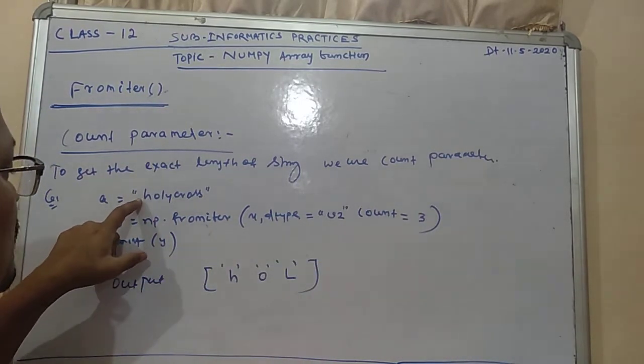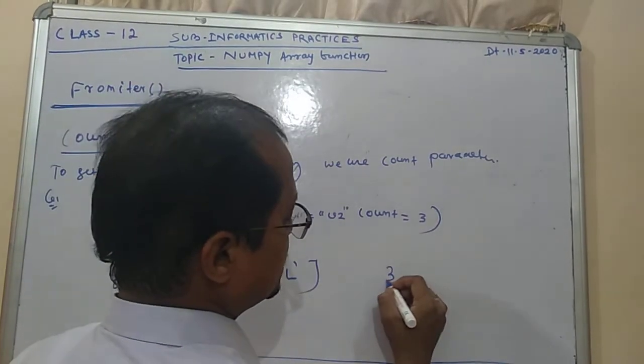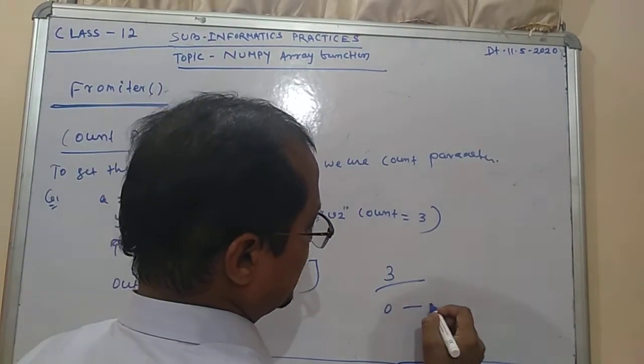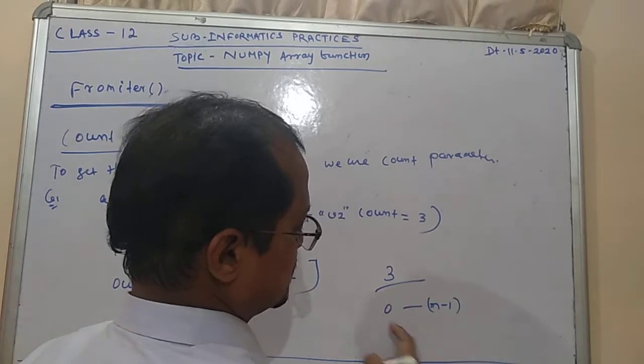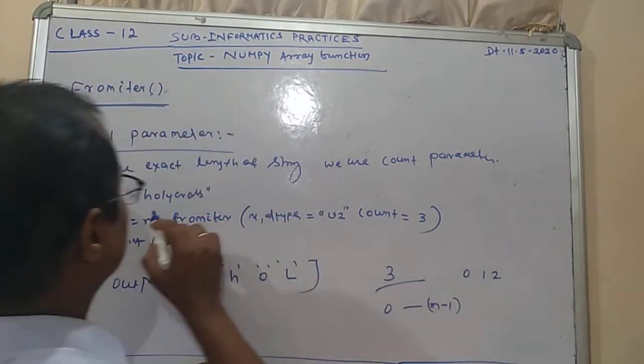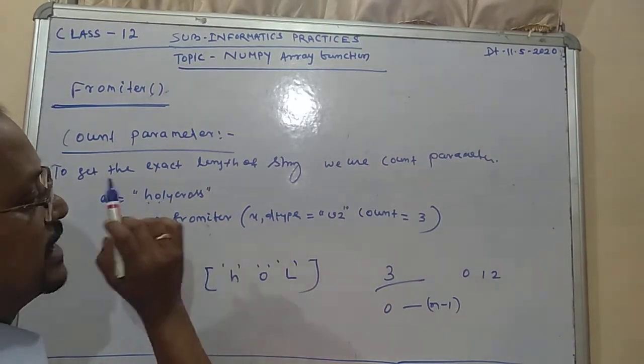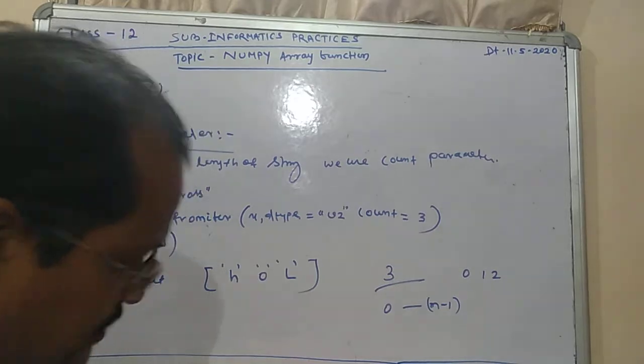It will start from 0, 1, 2. That is, 3 means it will go from 0 to n minus 1 characters. So 0, 1, 2. What is 0? 0 is H, 1 is O, and 2 is your L. Understood, all of you?